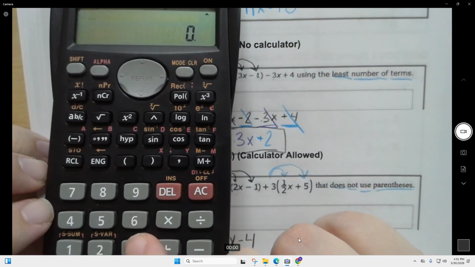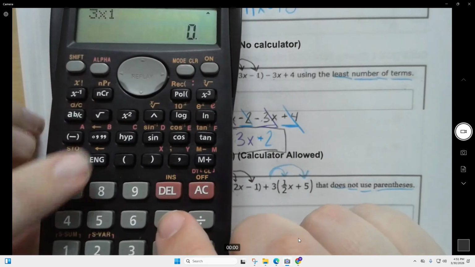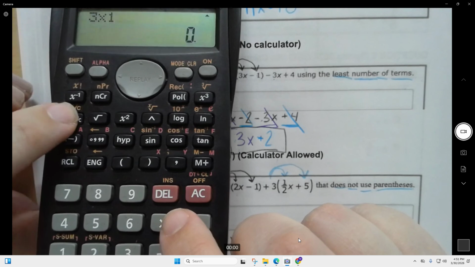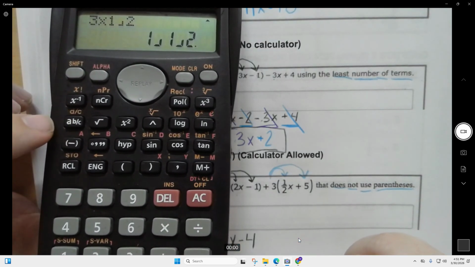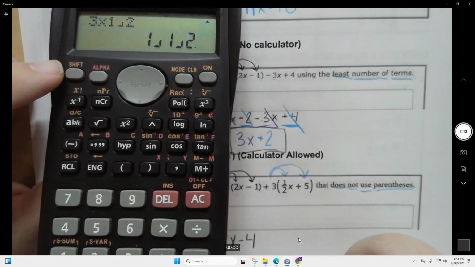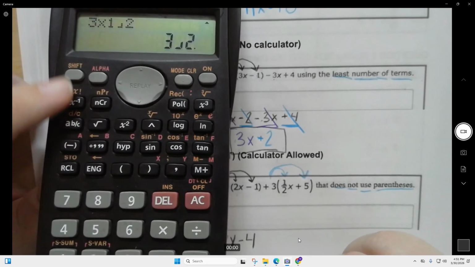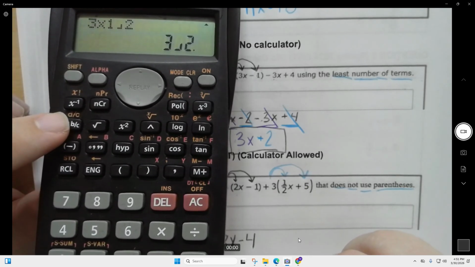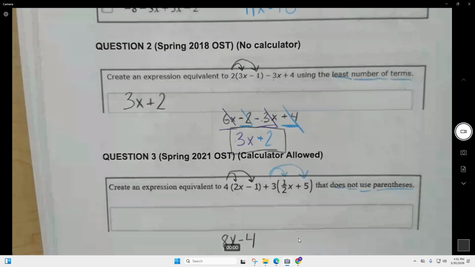Easiest way to do that: 3 times 1, and you hit this ABC button, 2, equals. And it gives you 1 and 1/2. There you go. You can hit Shift and the ABC button again, and that will convert it to an improper fraction, 3/2.